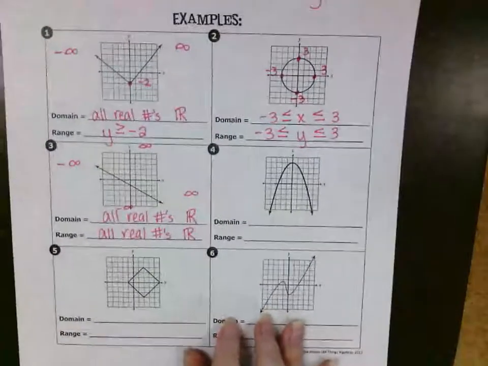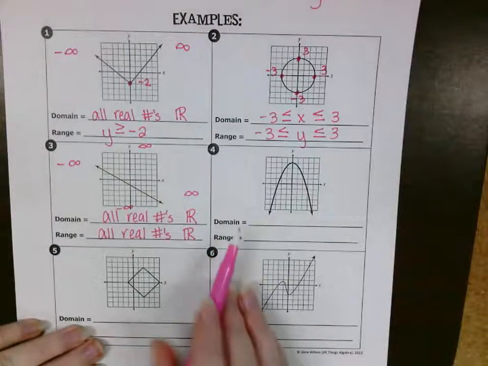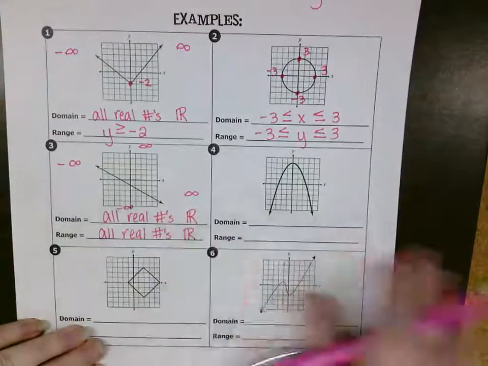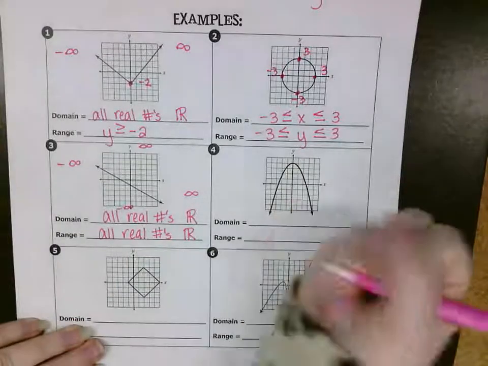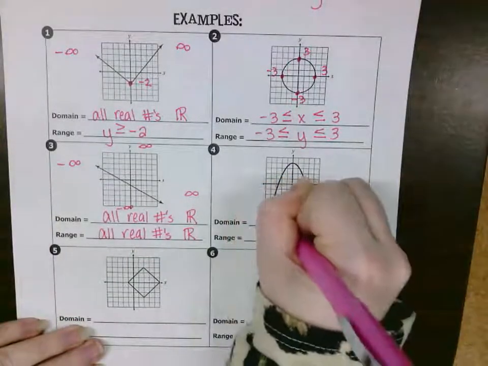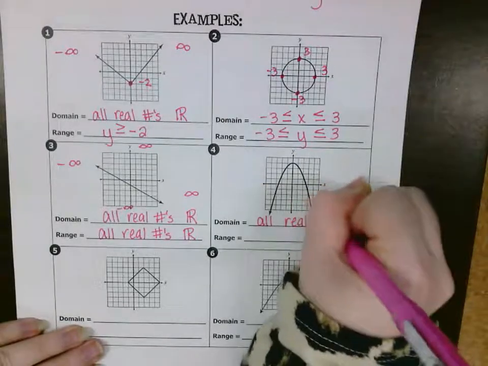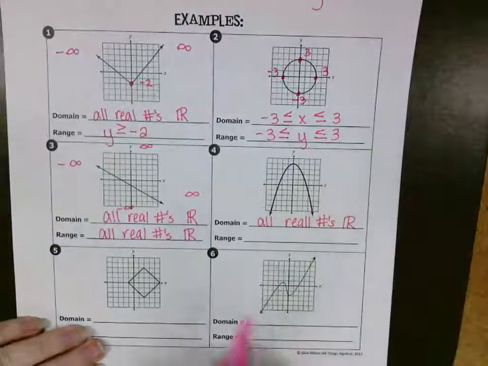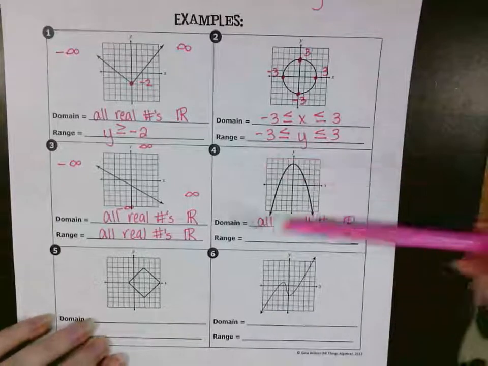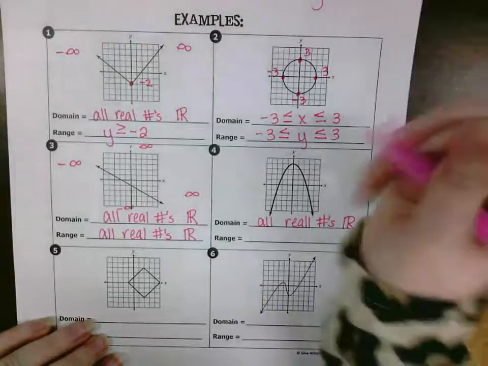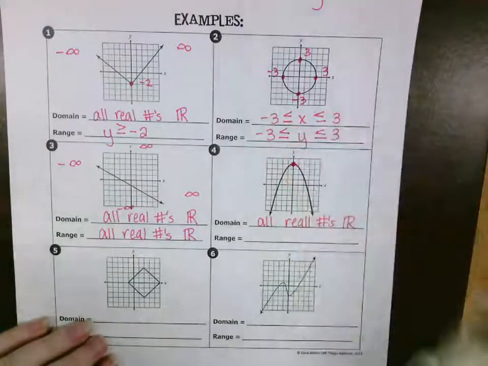Let's look at this one. For our domain, we have arrows again, so it goes in each direction for infinity. So that'll be all real numbers. But when we go from top to bottom, it doesn't include anything up here. It has a specific starting point.